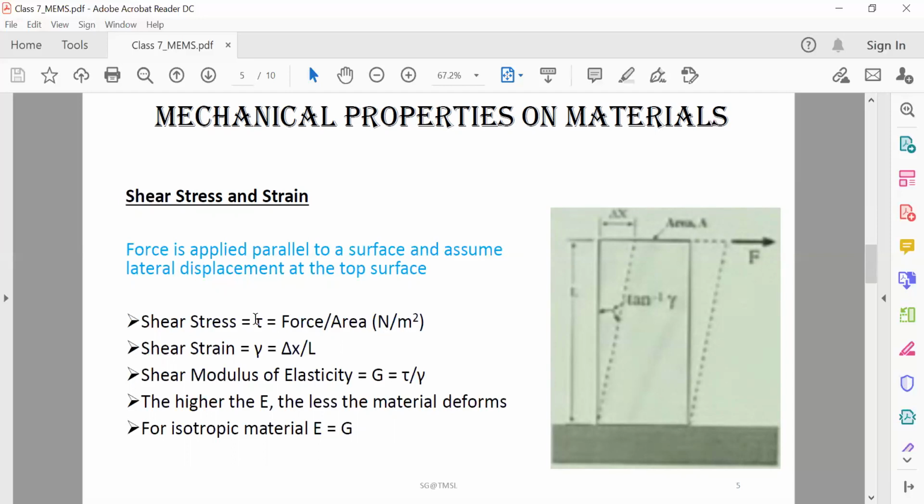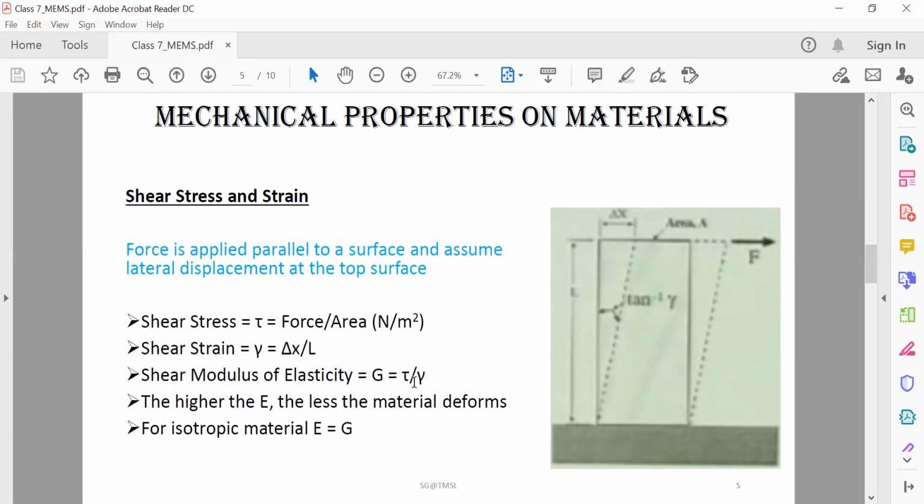Now the modulus of shear is called shear modulus, or shear modulus of elasticity, which is represented by G. That is equal to tau divided by gamma.